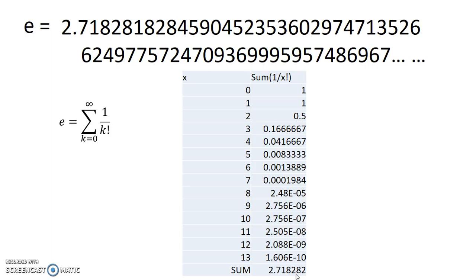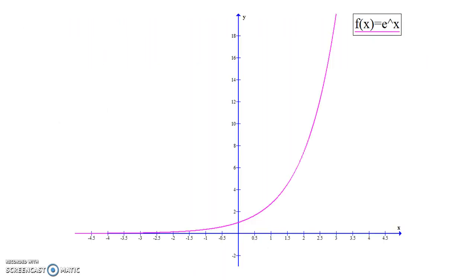Okay, so that's what e is. It's this magic number. But it's not magic. It's useful and practical. So probably the most useful thing about it is we can make exponential functions like this one. This is e to the power x. Now a couple of things, like every other exponential function, goes through the point 0, 1.